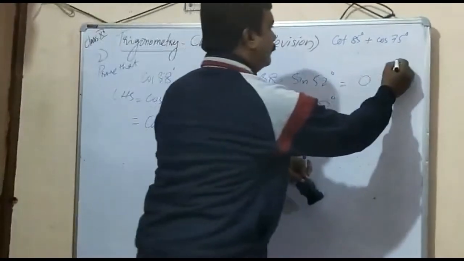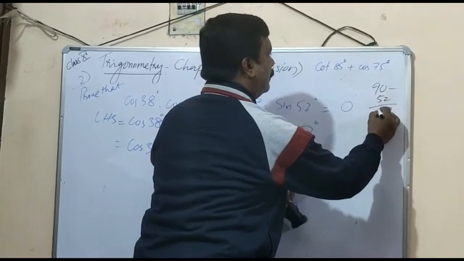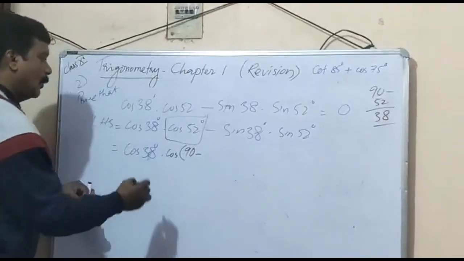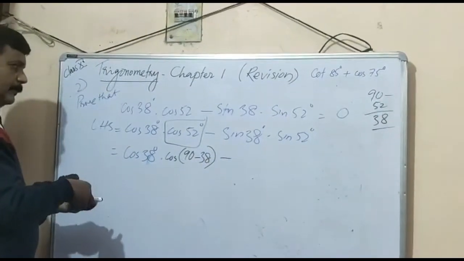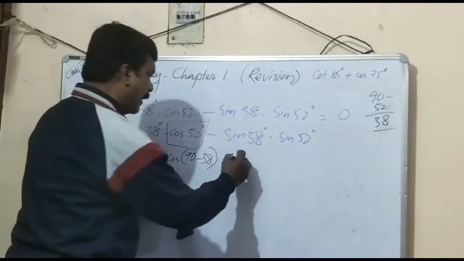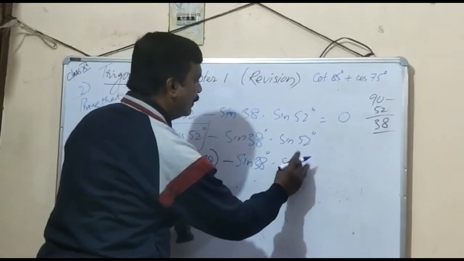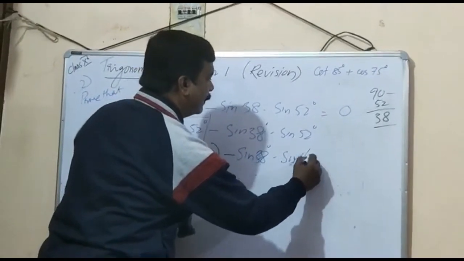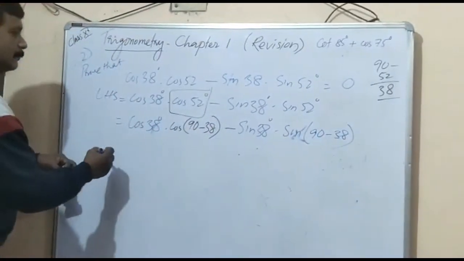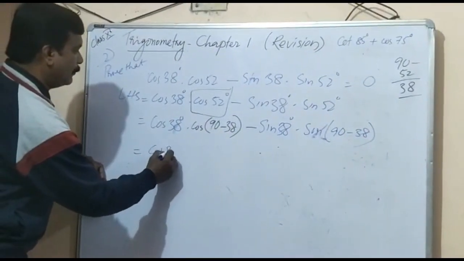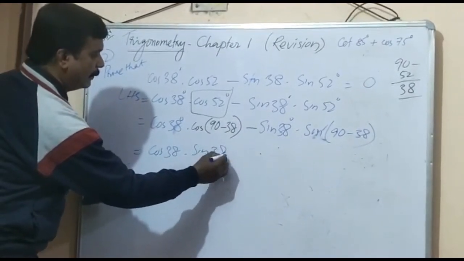It is 38. Minus sin 38 into sin 52, which we can write as sin of 90 minus 38. The complement of sine gives cos 38.